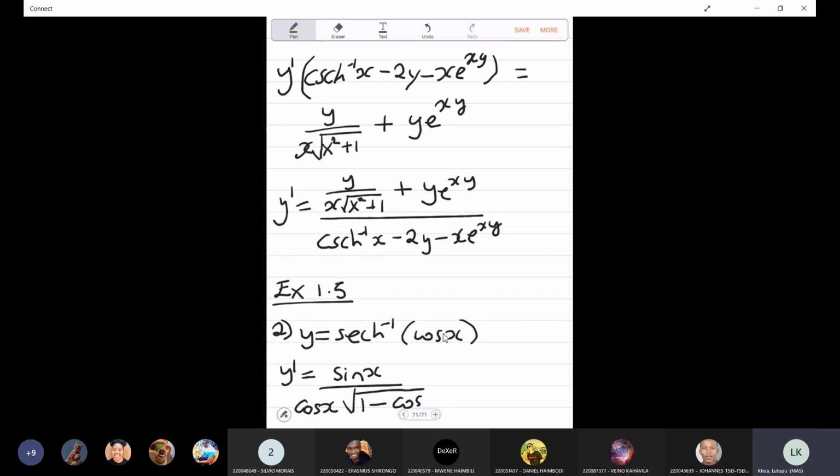This is 1 minus cos squared of x. Okay, and again, you can always use your identities. We know that 1 minus cos squared is sine squared, and the square root of that is sine. So this you can rewrite as 1 over cos x, or sec x.